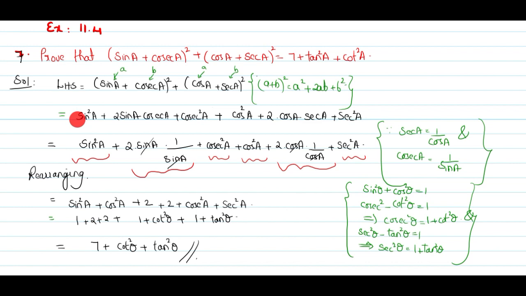Now, we have sin square a plus 2 into sin a into cosecant a, which is nothing but 1 by sin a, plus cosecant square a, plus cos square a we are writing as it is, then again plus 2 into cos a into secant a can be written as 1 by cos a. What did we do in this step?